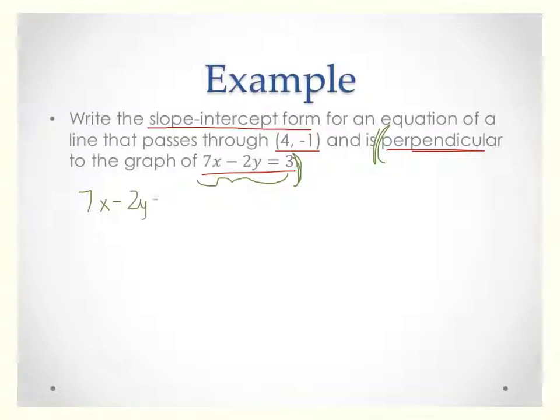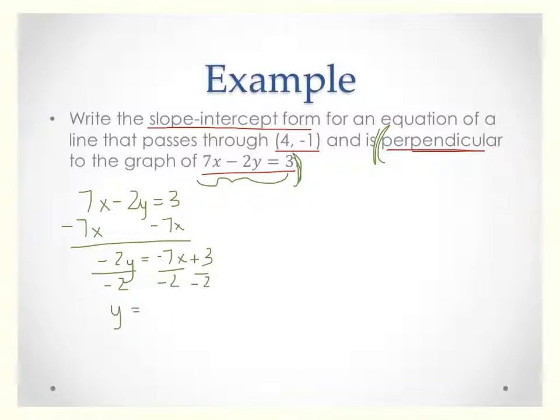So what we need to do first is put this into slope-intercept form, because that's the only way you're going to get its slope. Alright, so let's see here. I subtracted 7x over. I'm dividing by -2. Remember, it is a -2y. Positive 7/2 x minus 3/2.